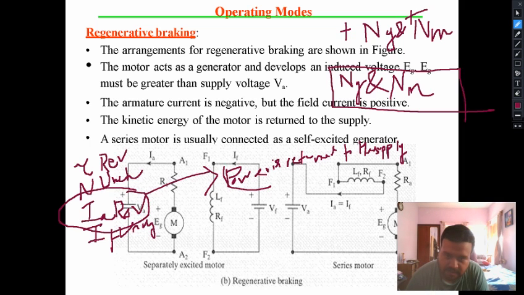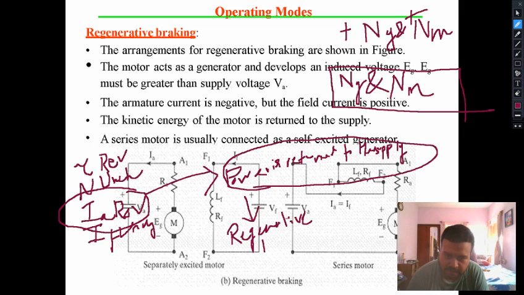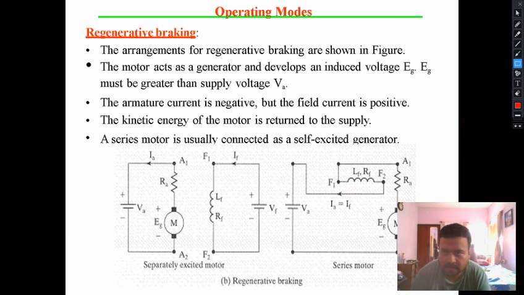This is the characteristic feature of regenerative braking. Now this is one analysis. Another analysis is if we see the quadrant based operation.